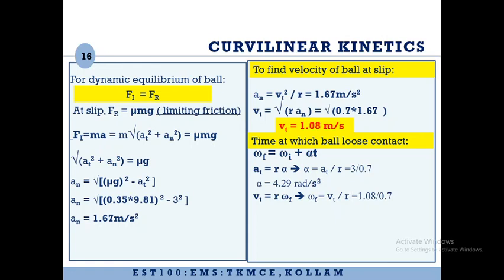Vt is also known, therefore we can find out the value of omega f, which is 1.54 radian per second. So substituting in the equation, we get the value of t as 0.36 second. So after the start of motion, at t equal to 0.36 second, the ball will slip off from the table.